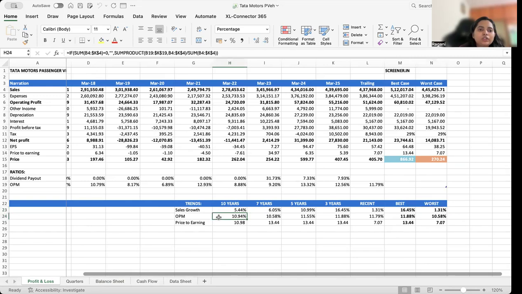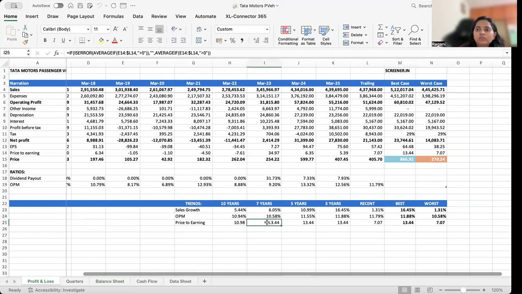After that, I calculated the OPM. For OPM, I calculated best case and worst case. I use the same function for worst case. Use the max function for best case, and for worst case I use the function of mean. And after that I calculate the price to earning.